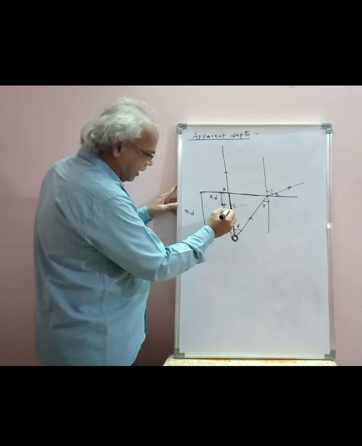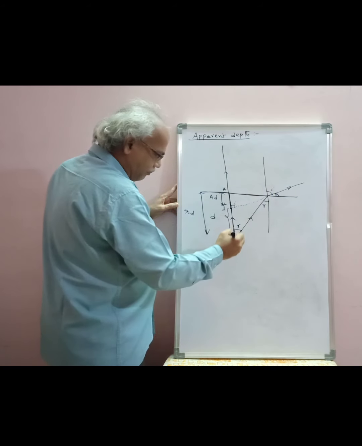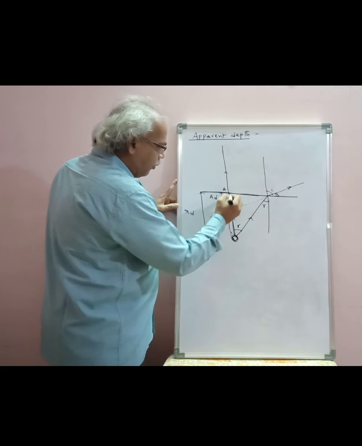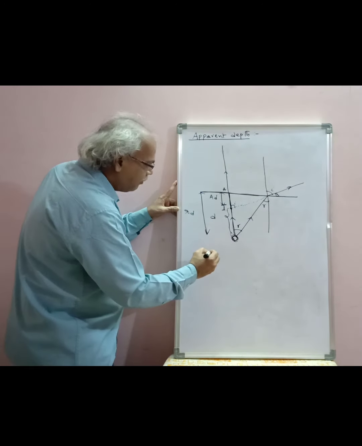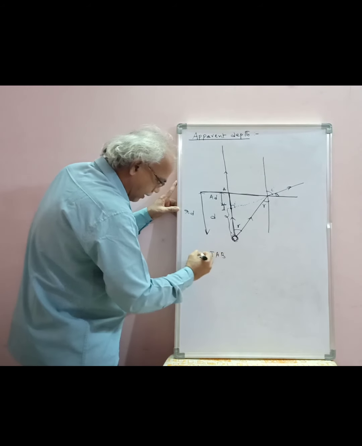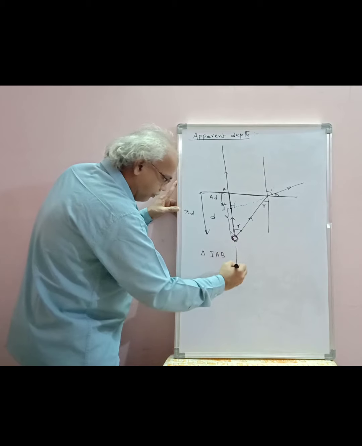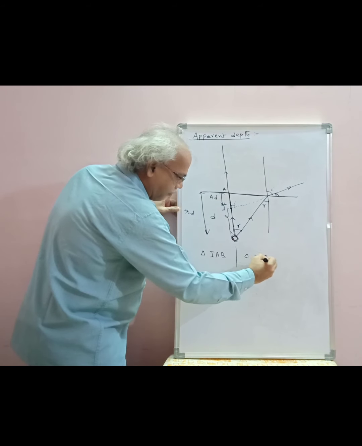If you take IAB, it is a right angle triangle, and OAB is also a right angle triangle.